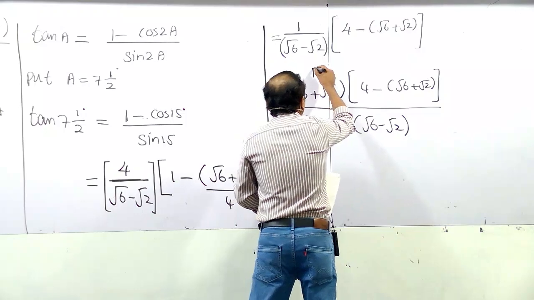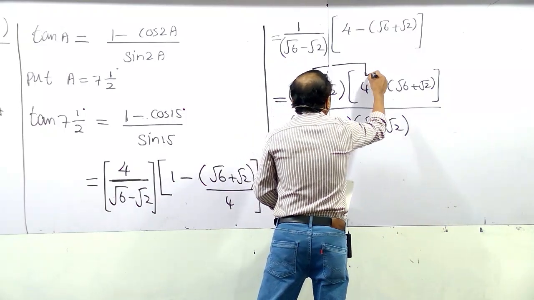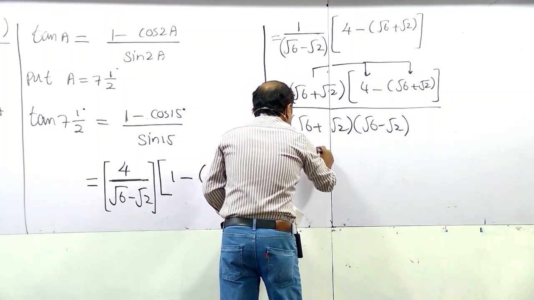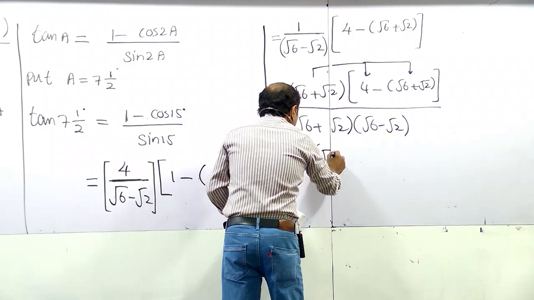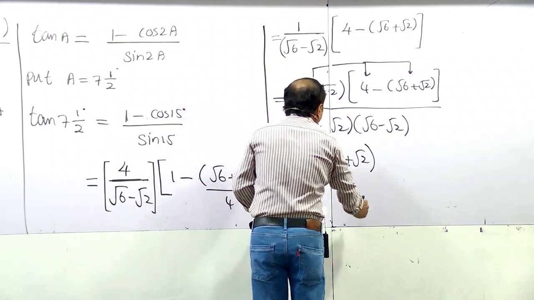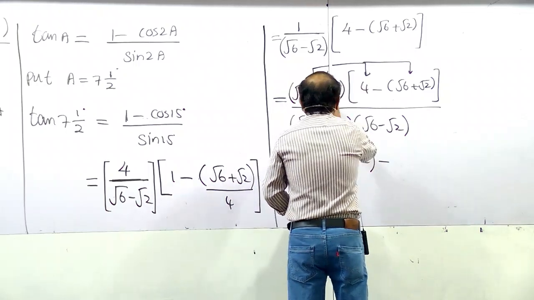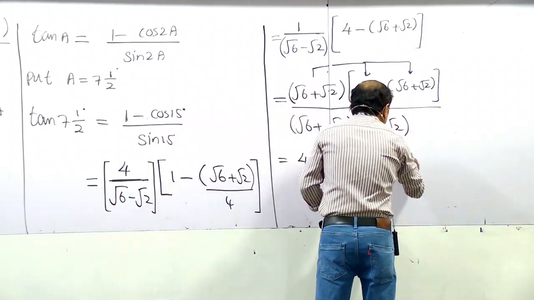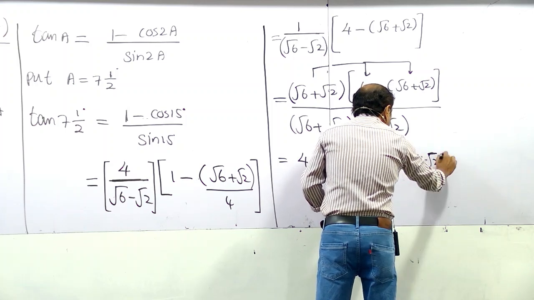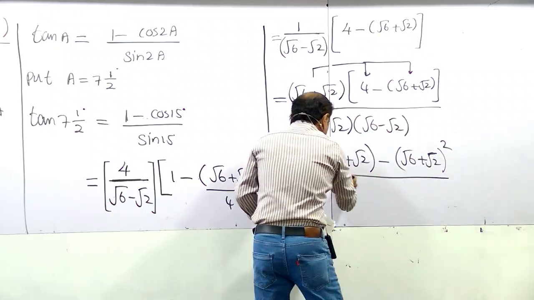Meantime, we'll multiply by this, this term and this term both. 4 times (root 6 plus root 2) minus (root 6 plus root 2) perfect squared. Now the denominator we have 4.